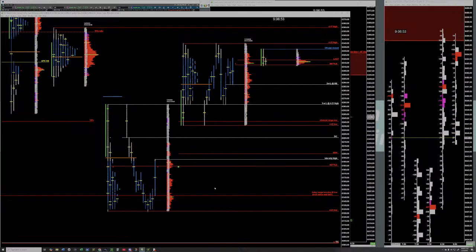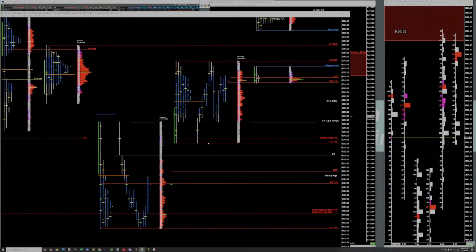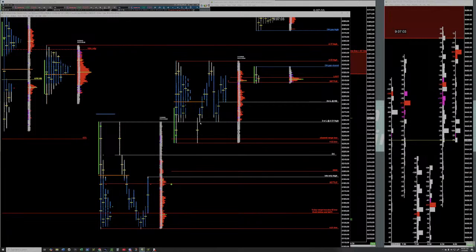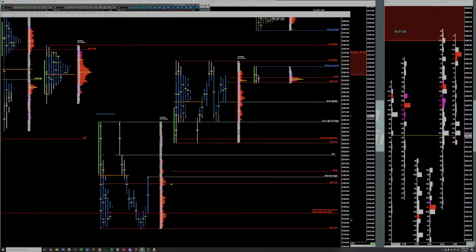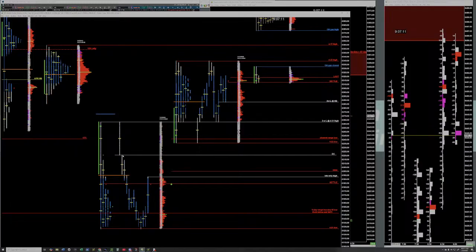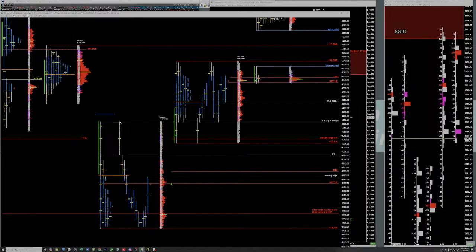Now, let's move on to the next day, which was yesterday. Now we have breakout of this inside bar. It closes all the distributions, opens the overnight, takes this high out and opens inside.